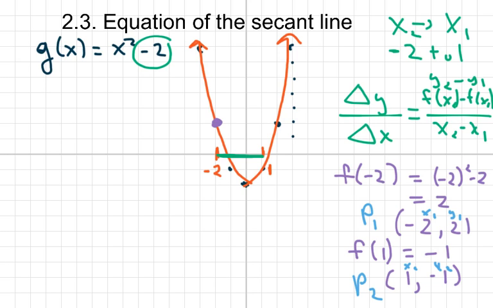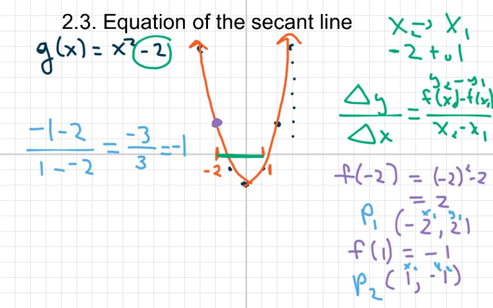And just use your formula. So it's negative 1 minus 2 over 1 minus a negative 2. And that gives us negative 3 over 3, which equals negative 1. So that's your average rate of change.